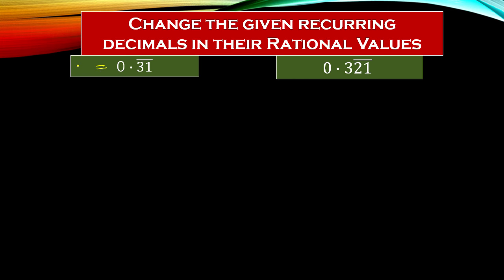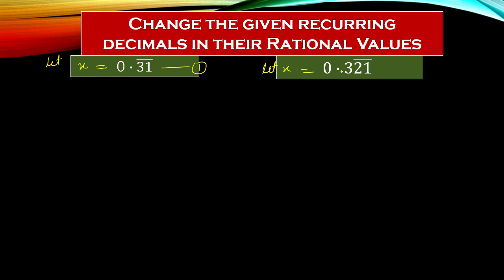First of all, we have to take the numbers equal to some value like a, b, or we can say q, m. So I am considering 0.31 bar as x, and here also I am considering this number as x. If the bar starts immediately after the decimal, this should be equation 1.